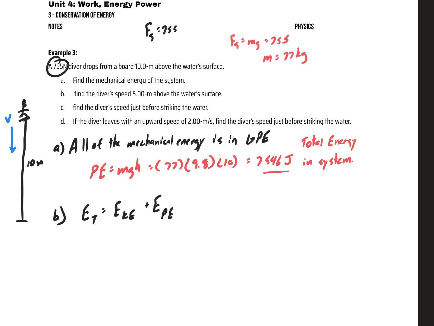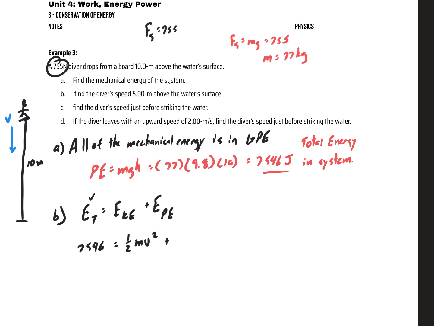He's halfway down there. I know what the total energy of the system is, that is 7546 joules. For the kinetic energy side, he is at 1/2 mv squared. I don't know what that v is, but he's moving at some point, especially if he's halfway down.